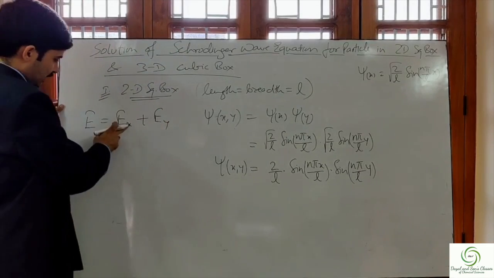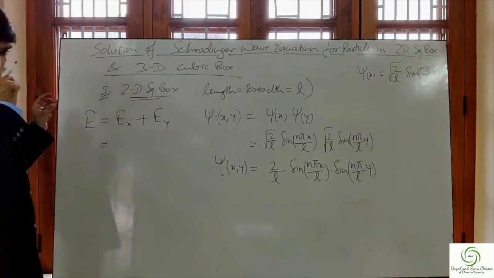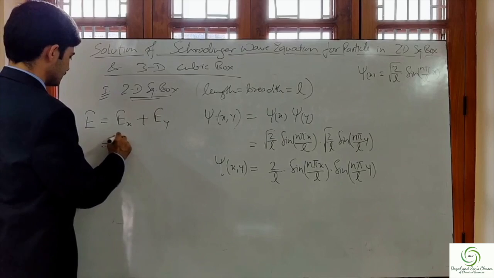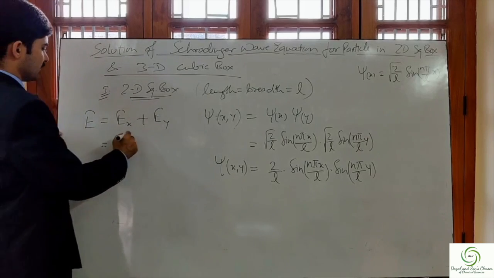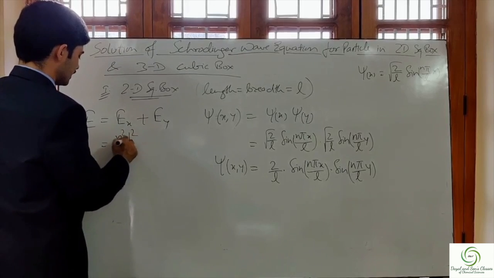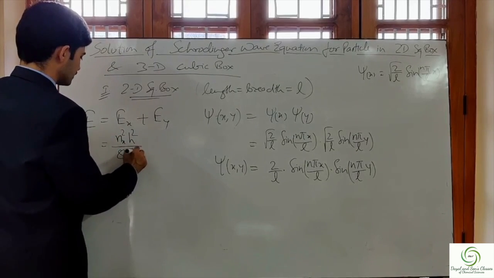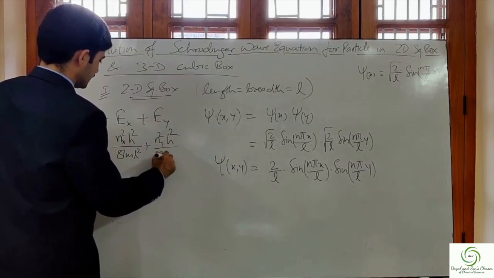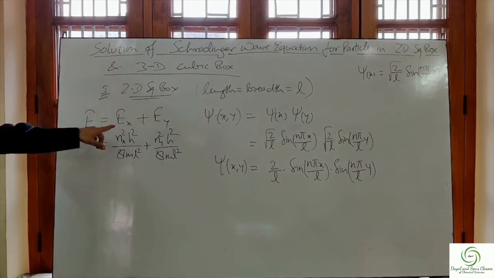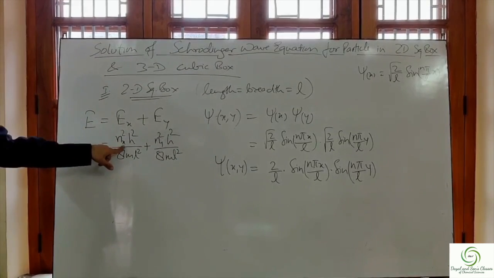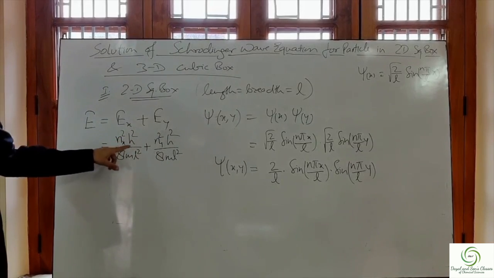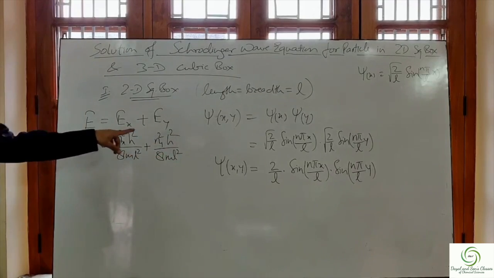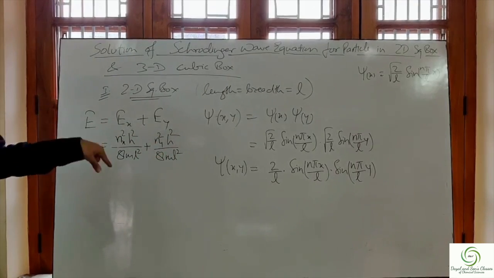So along the x-axis we have already seen that it is equal to nx square h square upon 8 ml square plus ny square h square upon 8 ml square, where nx and ny are equal to 1, 2, 3, 4.